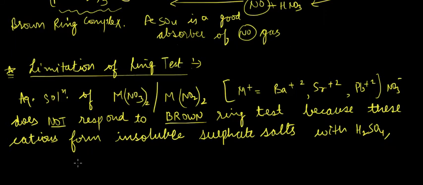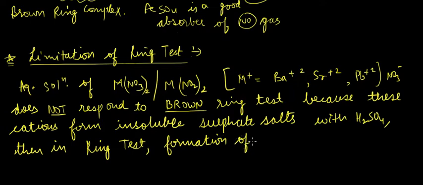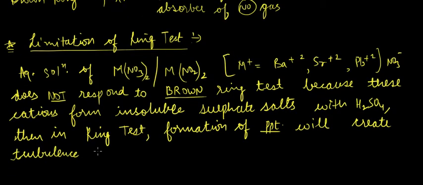Usually in the ring test, formation of ppt or precipitation will create turbulence in the solution.